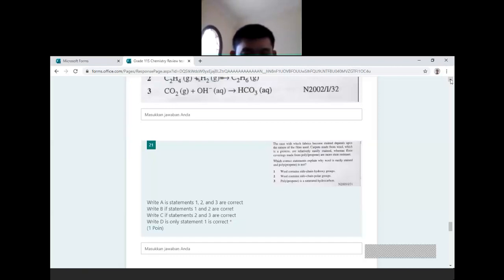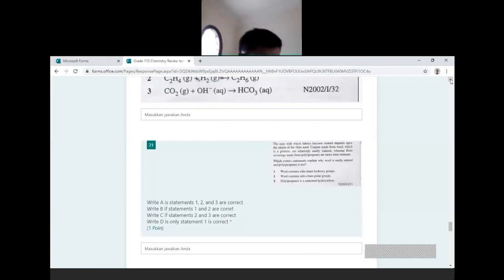Number 1, wool contains side chain hydroxy groups. It is correct. Why is it correct? Because hydroxy groups means it contains OH. Containing OH means the intermolecular force is hydrogen bonding.